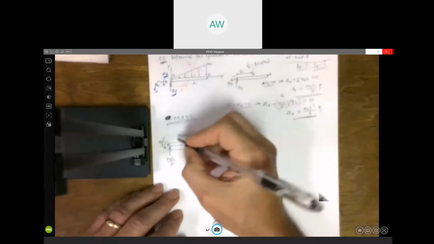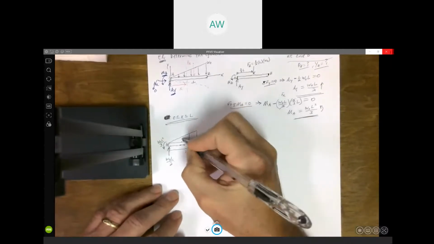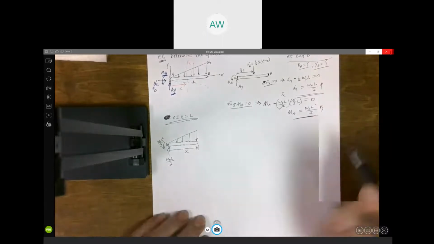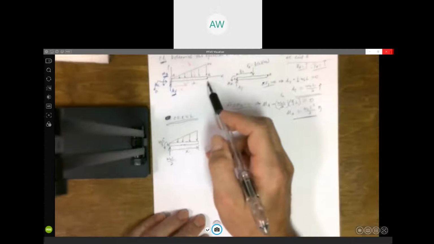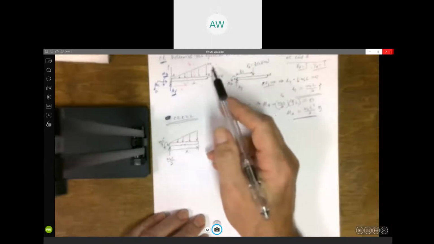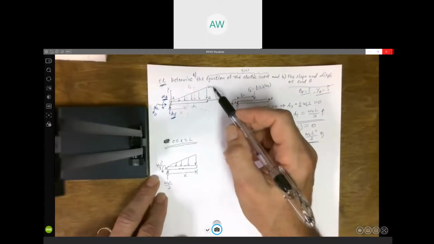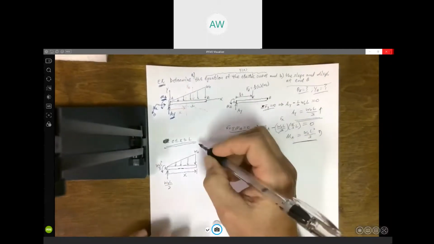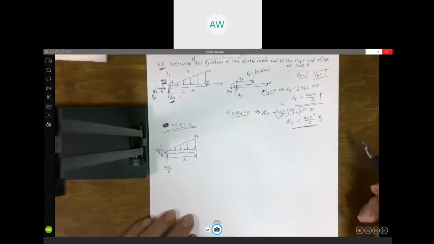Now I've got this distributed load. It's linear. Now obviously, if we go some arbitrary distance X, we're not going all the way to the end of the beam. This distributed load doesn't get all the way up to this magnitude W naught. And so we're going to have to determine what the magnitude of that distributed load is.